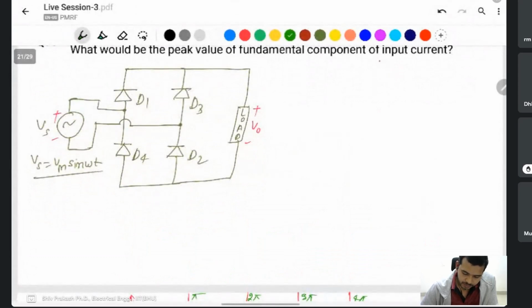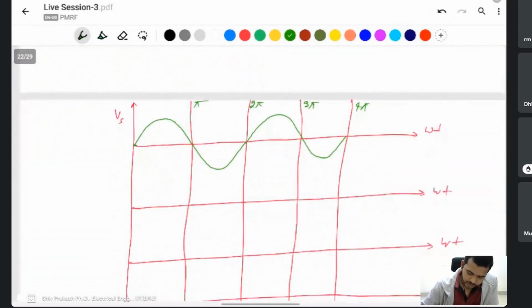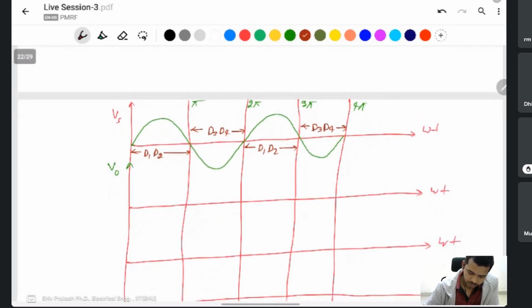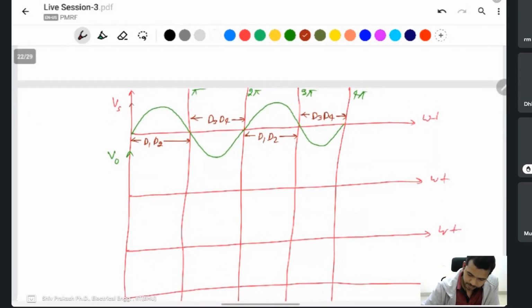The supply is sinusoidal, and when this one is positive, the output voltage comes. Here D1, D2 are on, here D3, D4, and again D1, D2. Then the output voltage is the same as the input voltage waveform.